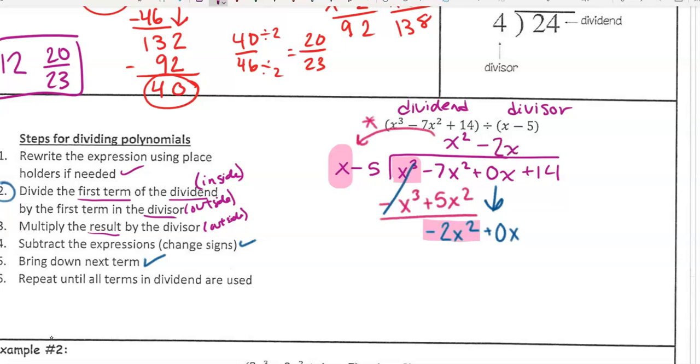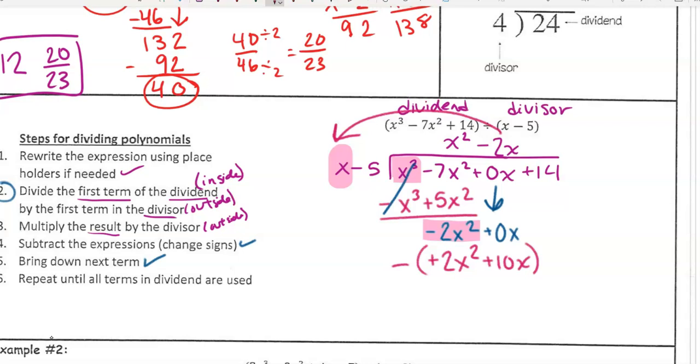And then we're going to take that again and multiply it by x minus 5. So negative 2x times x should get us back to negative 2x squared. And negative 2x times negative 5, negative 2 and negative 5 is positive 10x. Now we need to subtract. We need to change the sign.